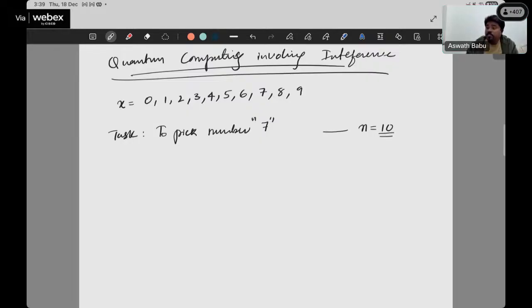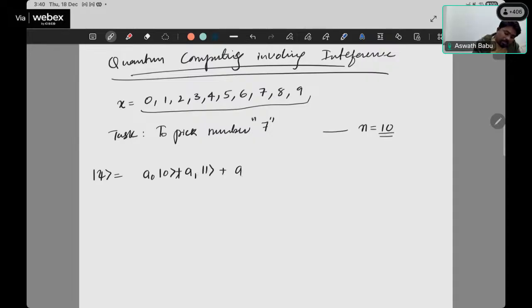It's very simple. Somehow I put all the 10 numbers in the form of a quantum superposition state. Let me call it the quantum state psi, which will have a0 |0> plus a1 |1> plus a2 |2>, and so on, up to a9 |9>.